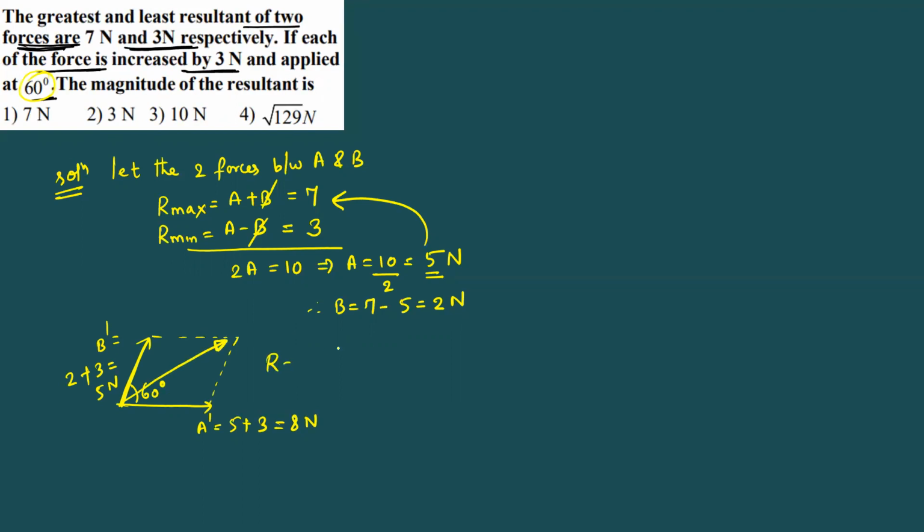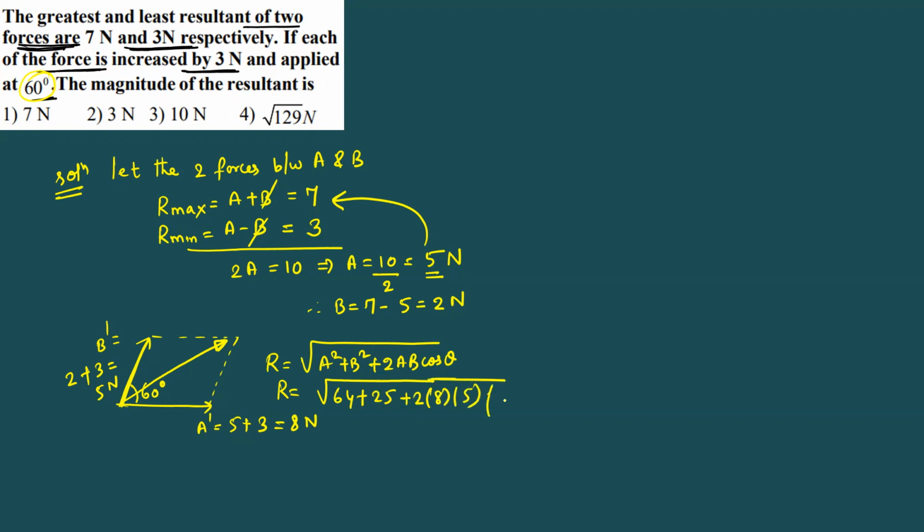And what is the resultant value? Root of A square plus B square plus 2AB into cos of theta. Therefore, resultant is equal to root of A square. A is nothing but now 8. 8 square is 64. B is 5. 5 square is 25. Plus 2 into A is 8 and B is 5 into cos 60 degree.